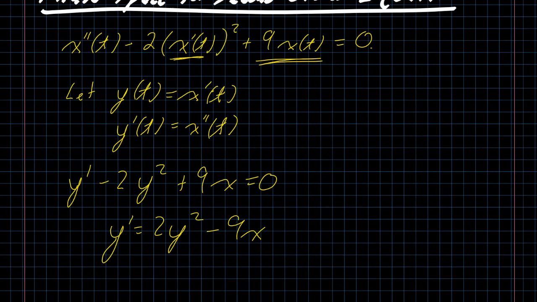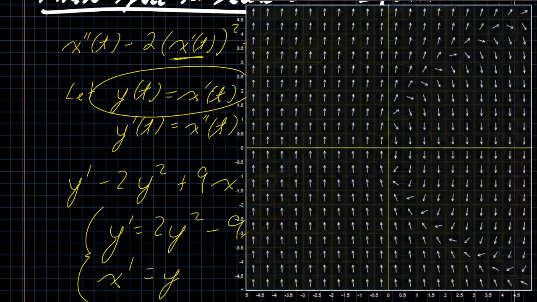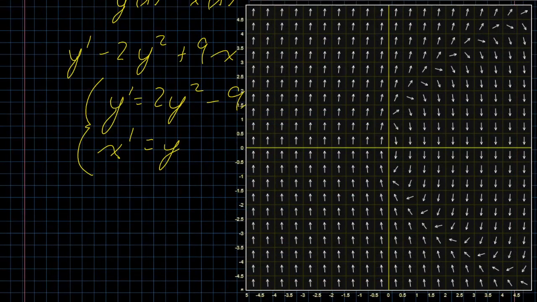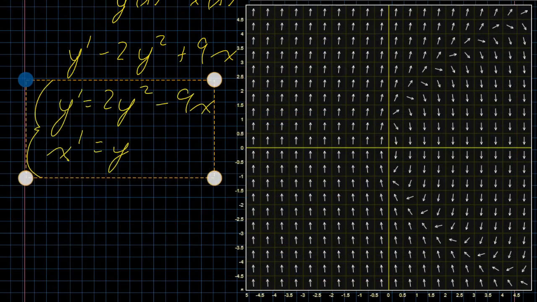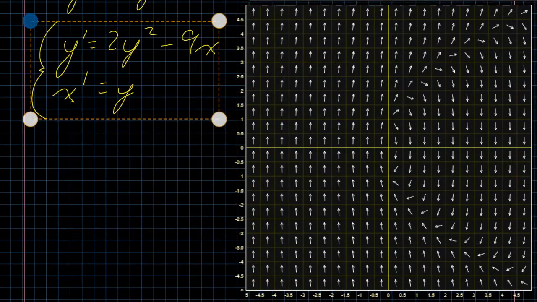Then, just rewriting this equation, x prime equals y, there is a dynamical system. And if it is a dynamical system, I can look at its phase portrait. Let me move that dynamical system just a little bit so that I can still see what's going on and still see the phase portrait. I don't need anything else anymore.